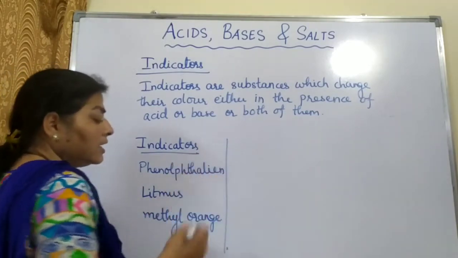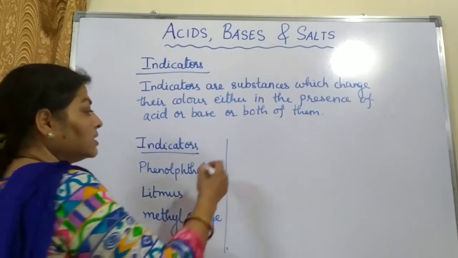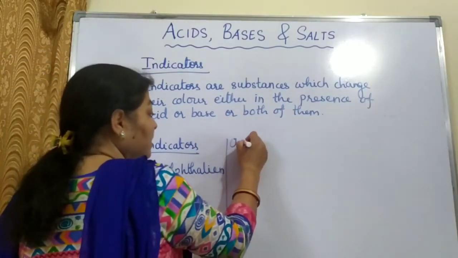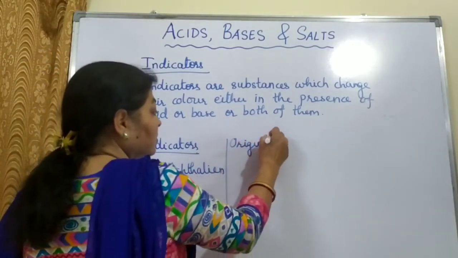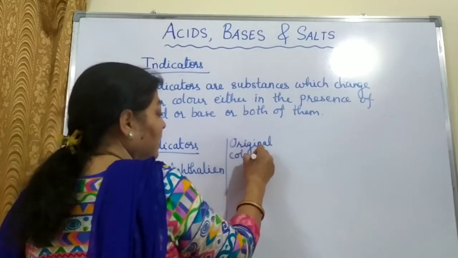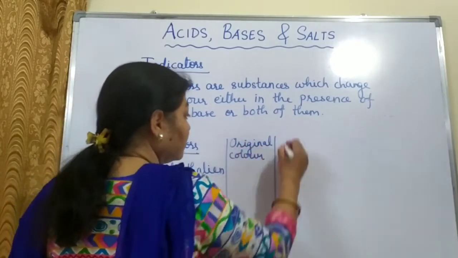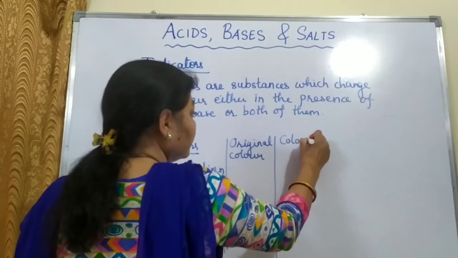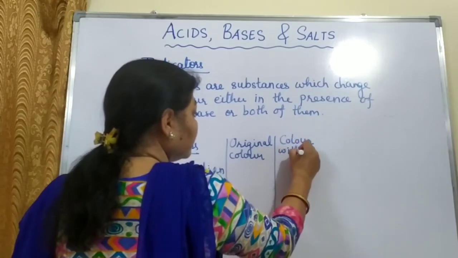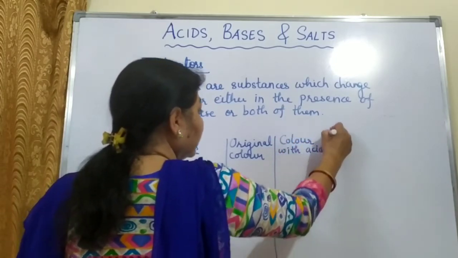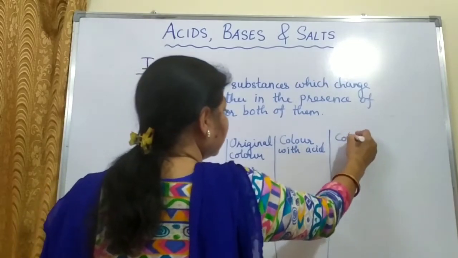So these are the indicators which are there in your syllabus, and their original color we'll see, and then color with acid, and then their color with base.